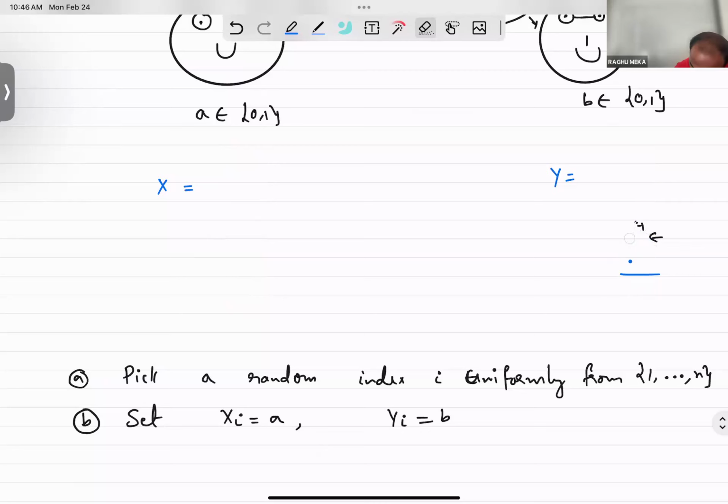Let me draw a different picture, actually. Maybe let me use some nice color coding.